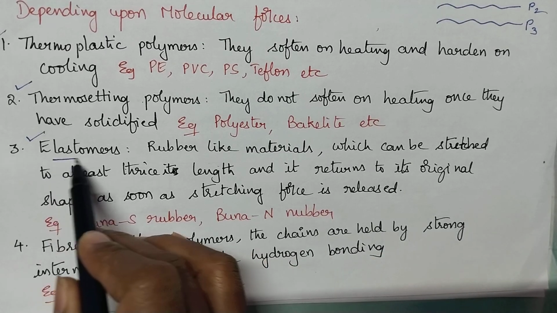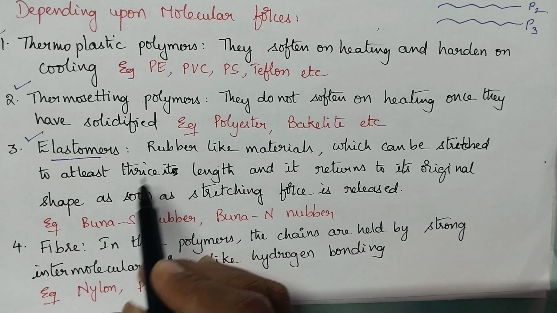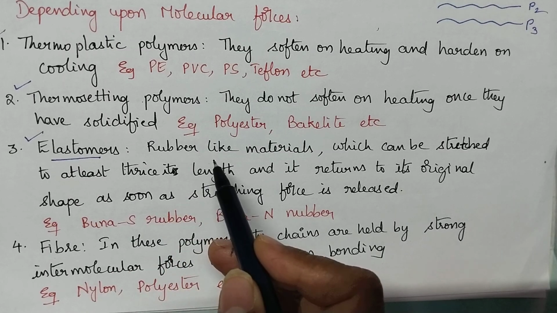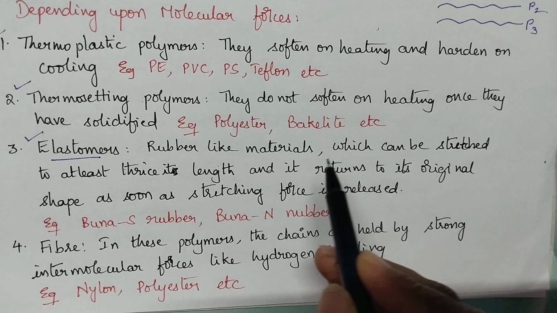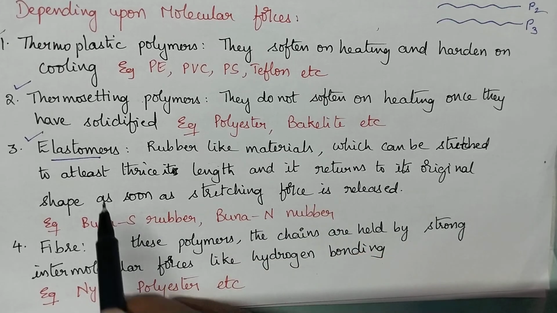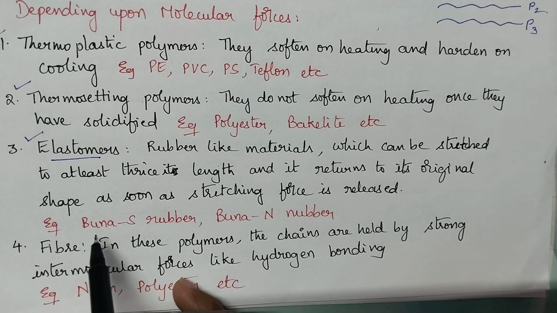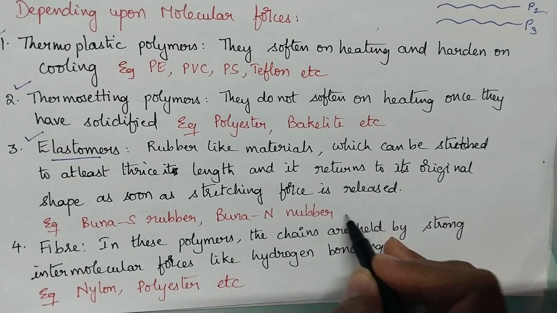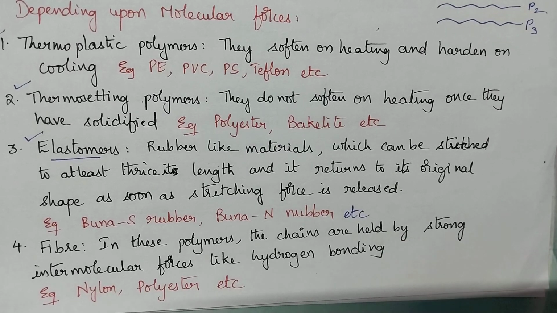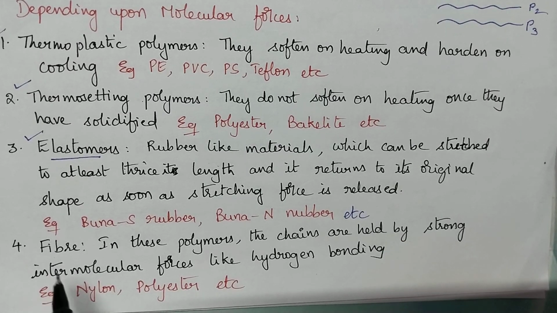So elastomers are synthetic rubbers. That means they are rubber-like molecules. They can be stretched at least thrice their original length. Good examples of elastomers include Buna S rubber, Buna N rubber, etc. Coming to the fibers, in fibers, strong intermolecular forces are present.